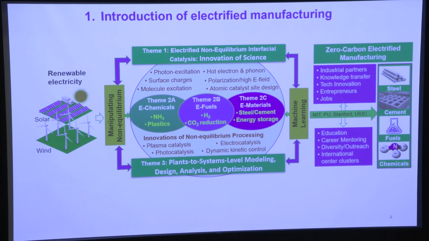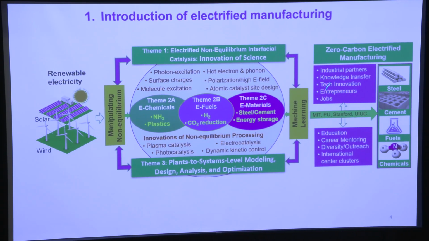involving multiple universities. We try to develop non-equilibrium interfacial catalysis, innovation of science, understanding photon excitation, surface charge, hot electrons and phonons, polarization of electric field, and try to understand the plant system by interacting with industry.